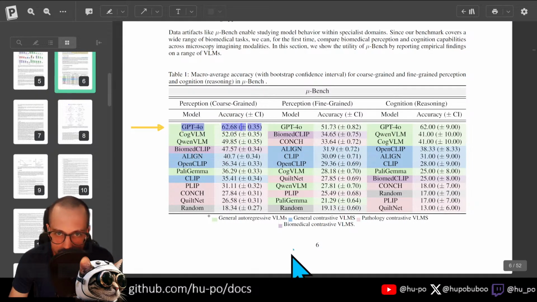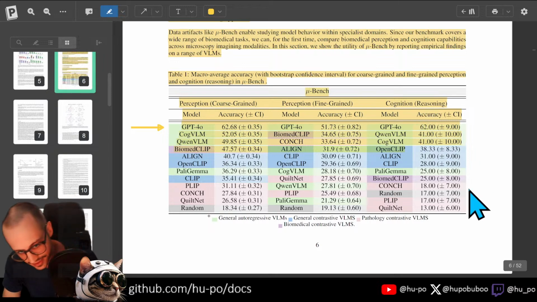GPT-4o is blowing everything out of the water. Look at this, GPT-4o, 62% compared to BiomedCLIP, which is a CLIP VLM specifically for biomedical. It's like 20 points more. 30, 51, 38.